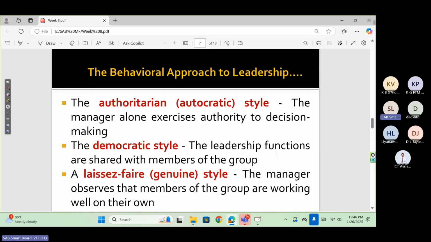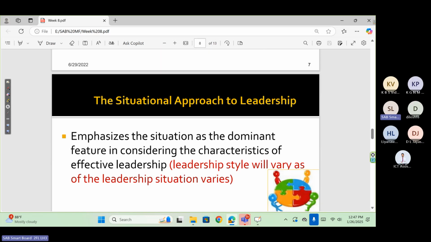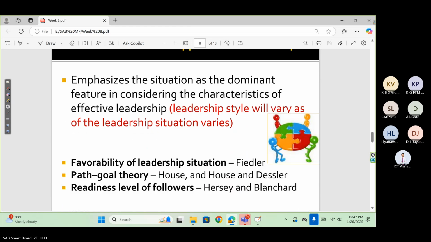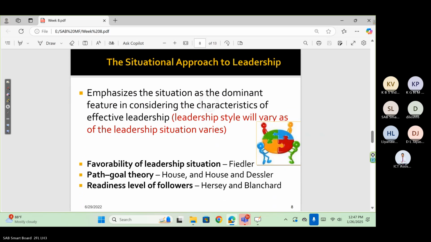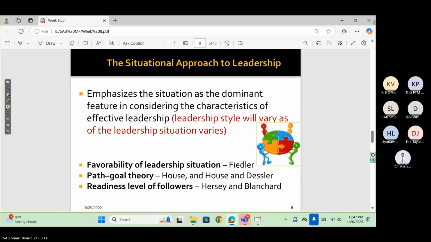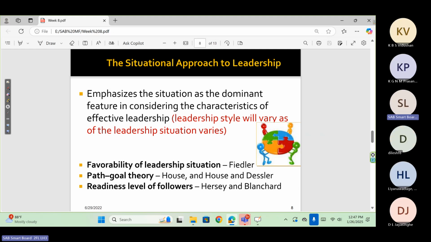Now we will move to the situational leadership theory. Right. The situational approach to leadership considers the situation faced by the group leader and the members as the dominant factor.